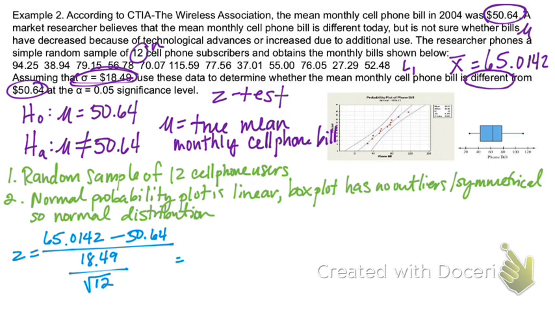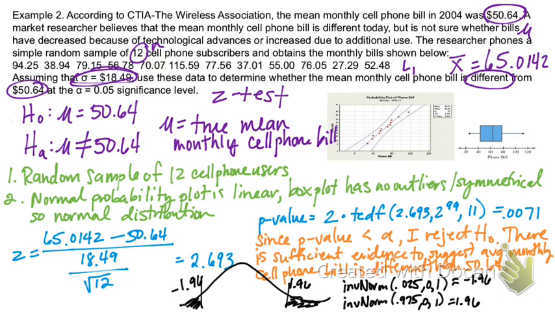Go ahead and figure that out. Then the p-value, the conclusion, and rejection region. What is something that you're going to do with the p-value, though? Multiply it by 2. How come? Because it's two-tailed. Perfect.